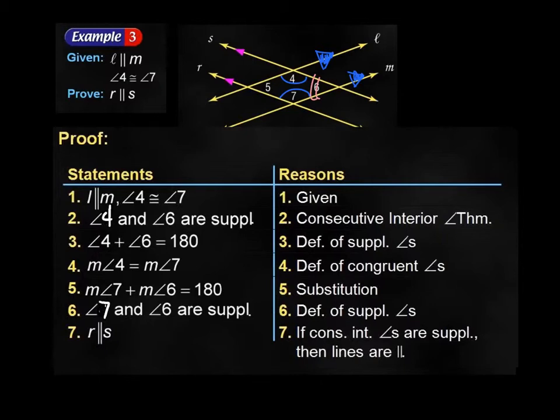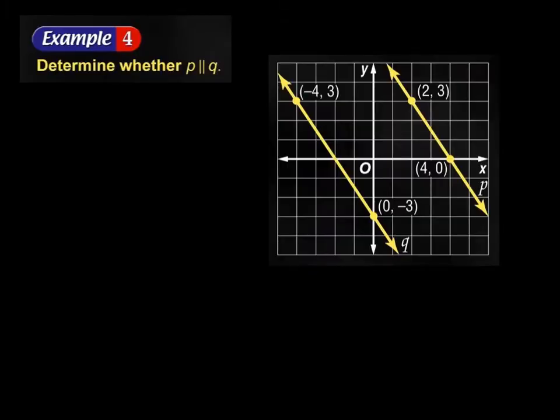Okay, next example, we've got to use some numbers to determine if lines are parallel. Determine whether line P is parallel to line Q. I'm going to do it graphically because they graphed it for me. That's nice. This line is going down 6 and over 4.